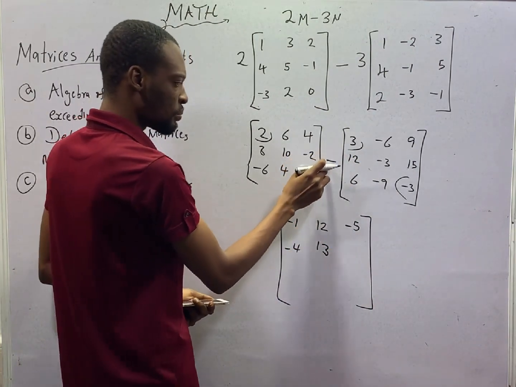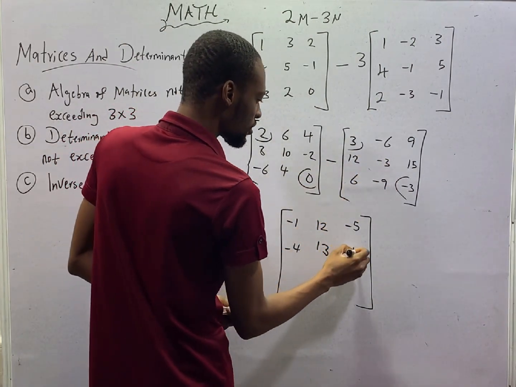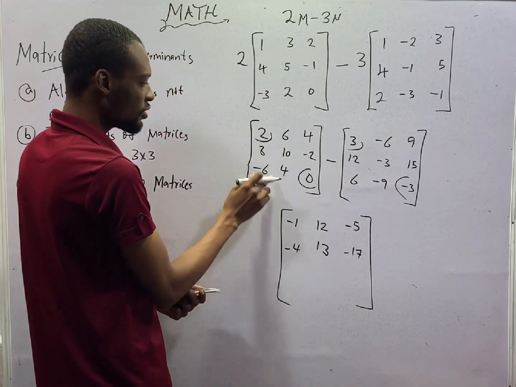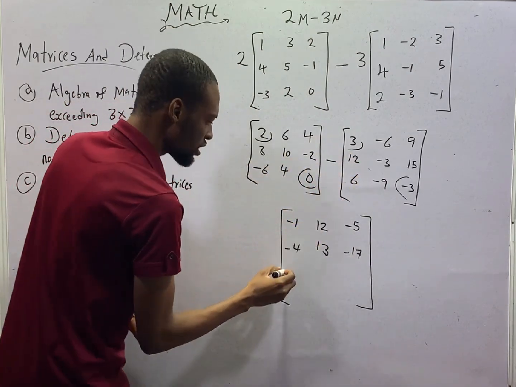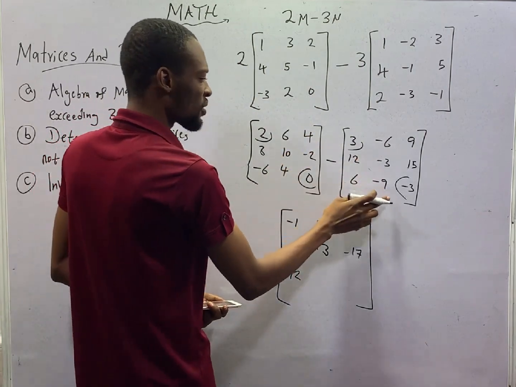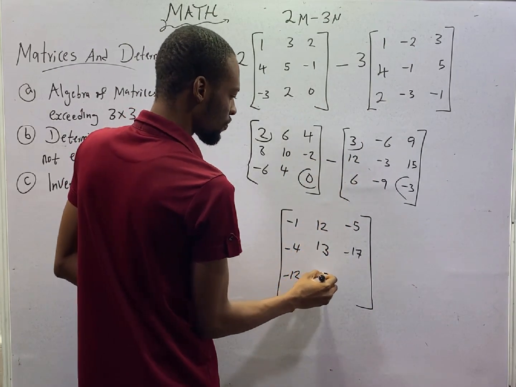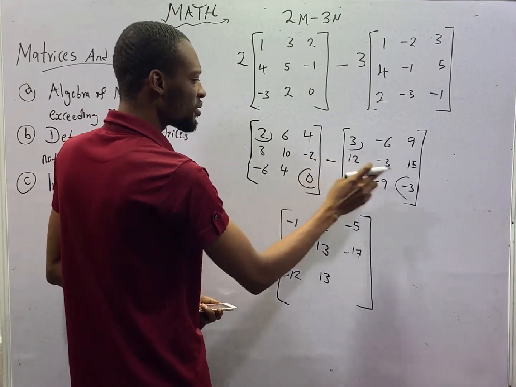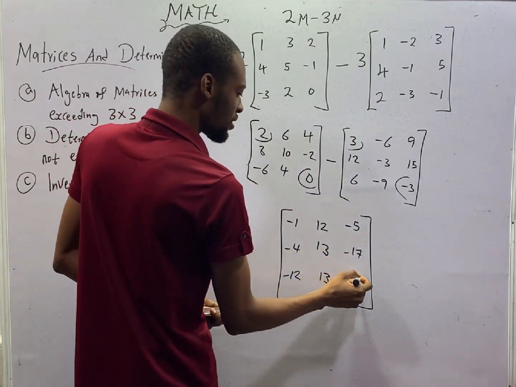Minus 2 minus 15, that is minus 17. Minus 6 minus 6, that is minus 12. 4 minus minus 9, that is 4 plus 9, 13. 0 minus minus 3, that is 0 plus 3, that is 3.